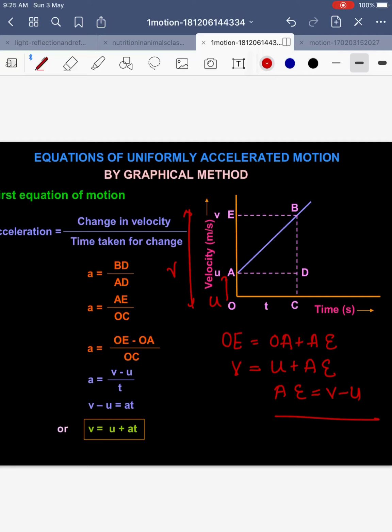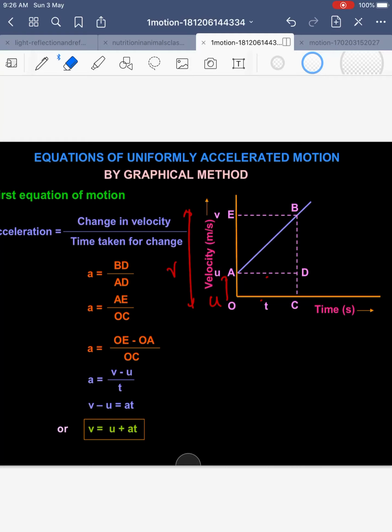So in place of AE we'll write V minus U, and in place of OC we can write T, because AD and OC both are equal to T. So our acceleration A becomes, what is AE? V minus U, OC is T, right? We get up to this. We have written A is equal to V minus U by T.